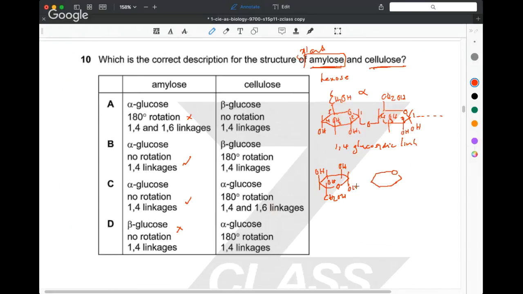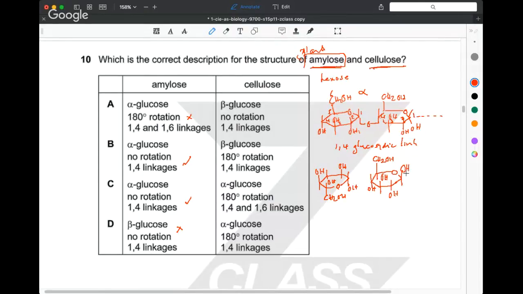And this one is in a little bit more familiar orientation. It's a bit like the ones we drew up here. Here's your number 6 carbon. 5 is there. 4 is there. 3, 2. And when you come to 1, now look at the difference here.